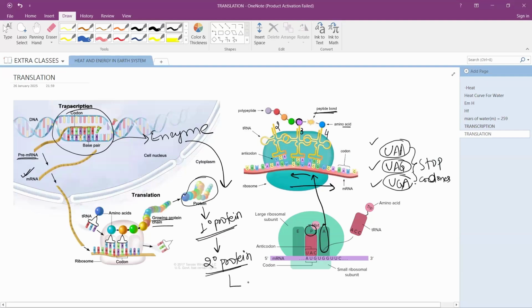After the first modification, it is converted into a tertiary protein, which is a functional protein, and it can be further converted into a quaternary protein. These tertiary and quaternary proteins are functional proteins, or we can say this is the enzyme.